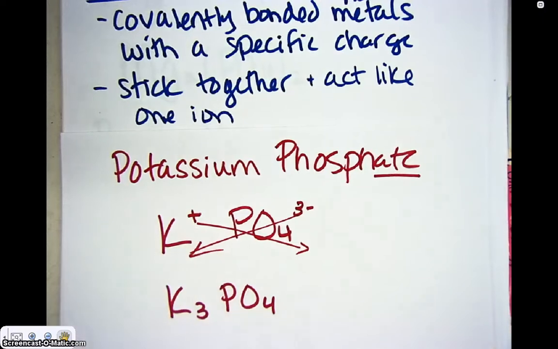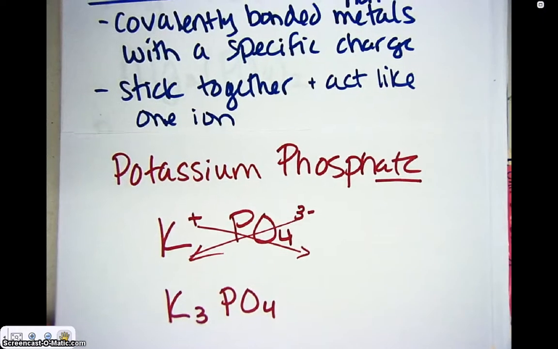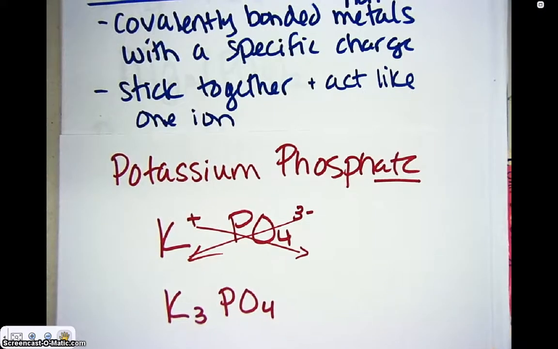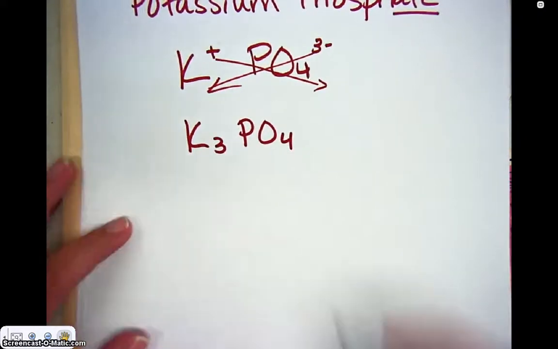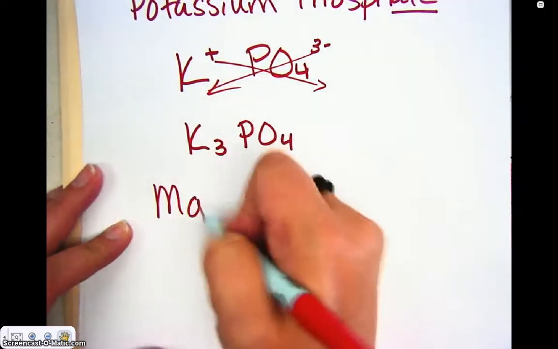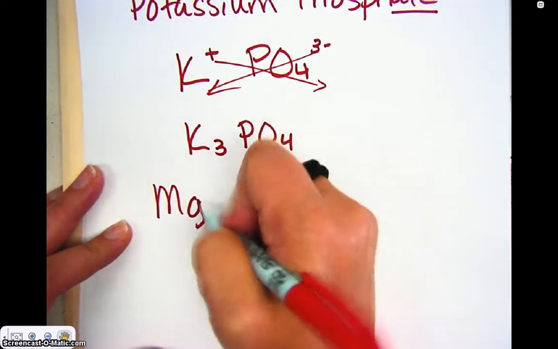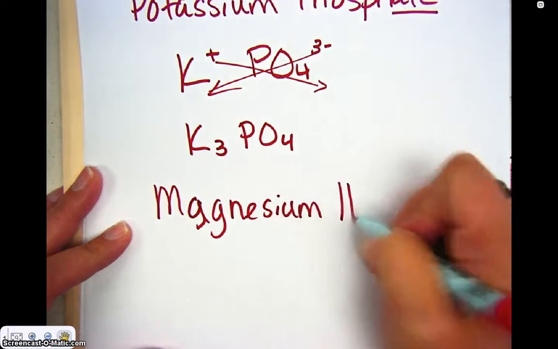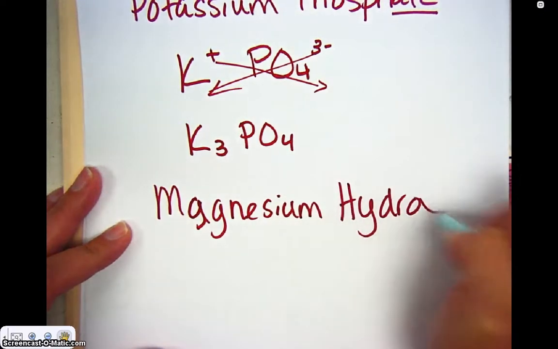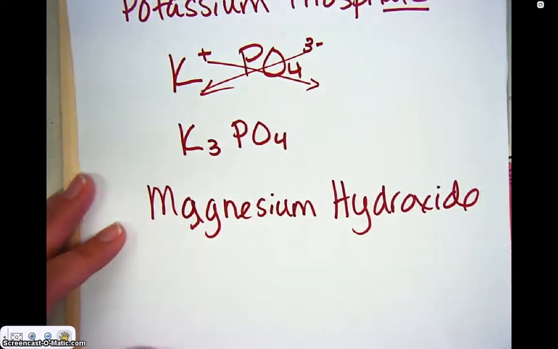Now, let's do an example where we need to use parentheses. In this case, I am going to write the formula for the compound magnesium hydroxide.